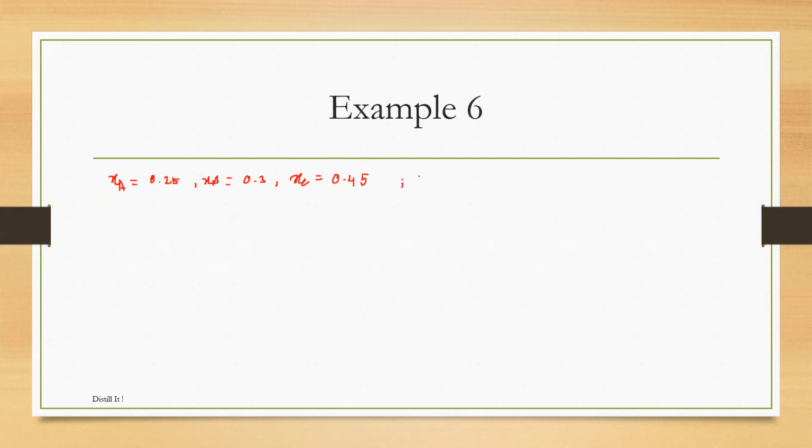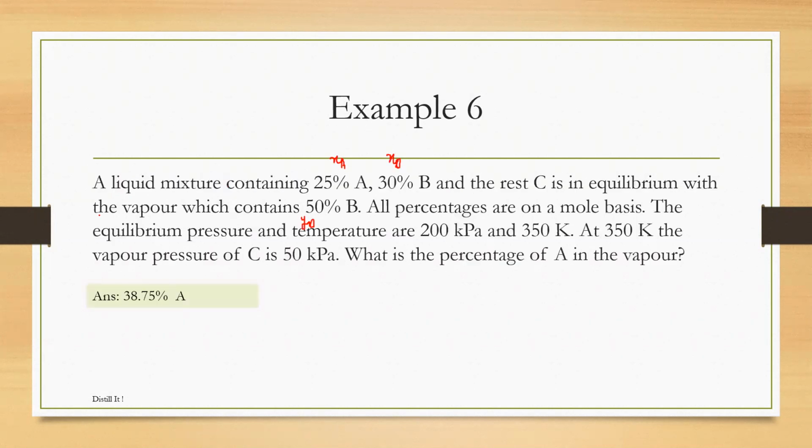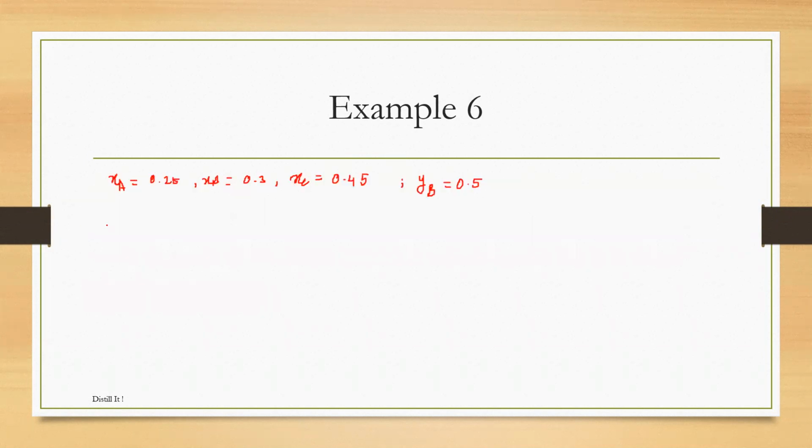And we have also been given that YB is 0.5. Now they have given P naught C as 50 kilopascal. And they have asked us to calculate YA, right?